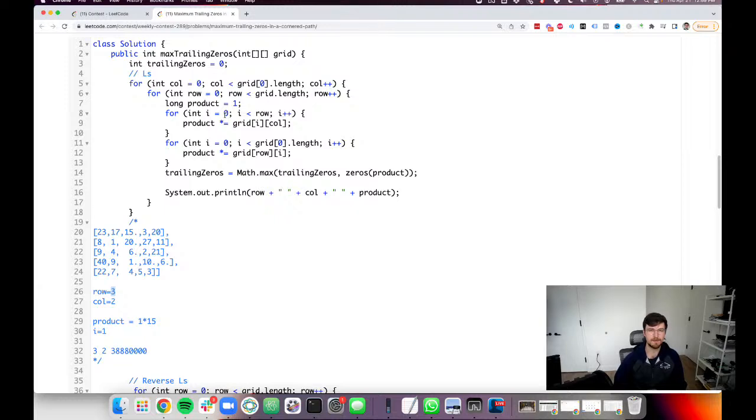So I get 1, 2, which is row 1, column 2, which is this. i is going to be 2, which is less than row.